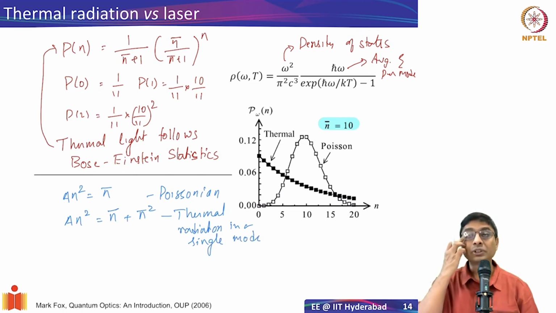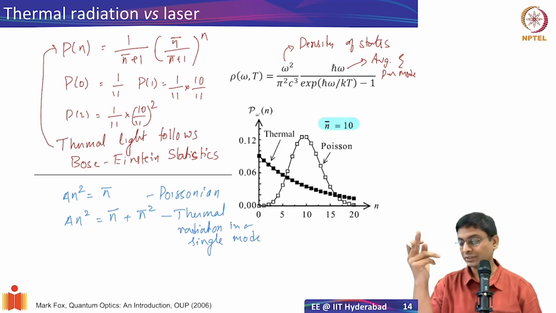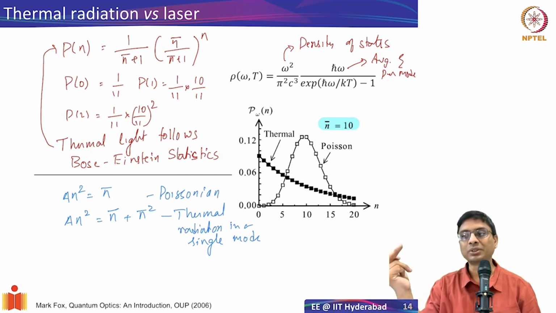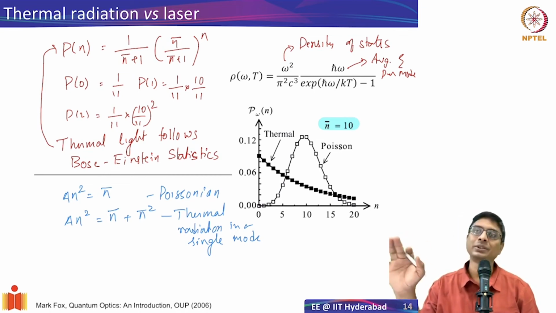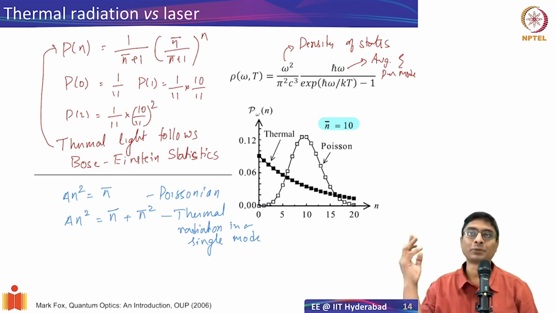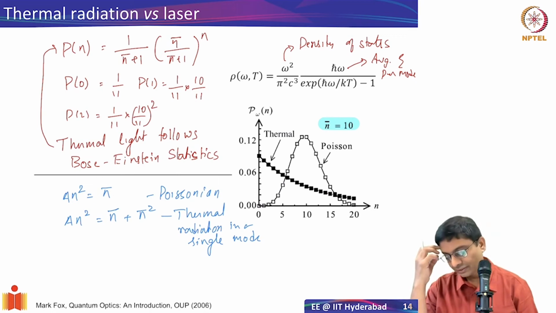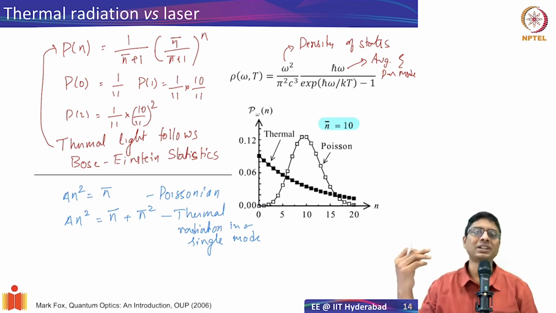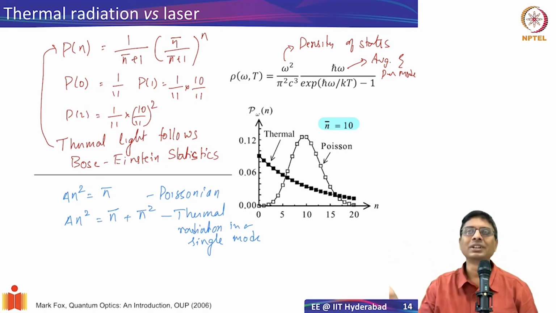But it turns out that we talked about the number of modes: omega squared over pi squared c cubed. Omega squared is 10 to the 14 times 10 to the 14, so 10 to the 28 divided by c cubed gives about 10 to the 4. So there are a large number of modes. It's very rare to actually have thermal radiation emitted into a single mode.